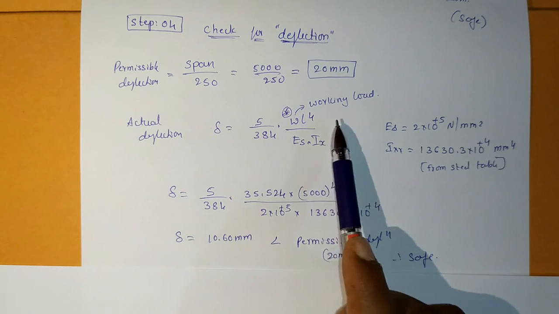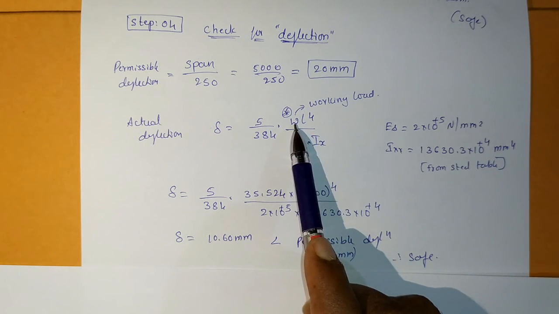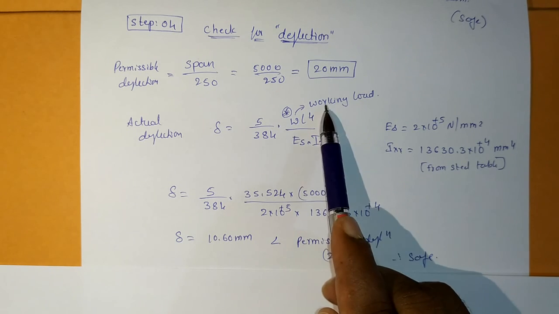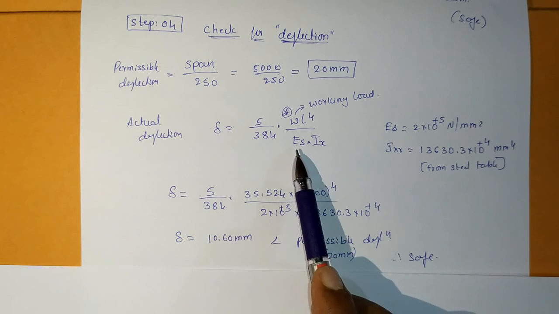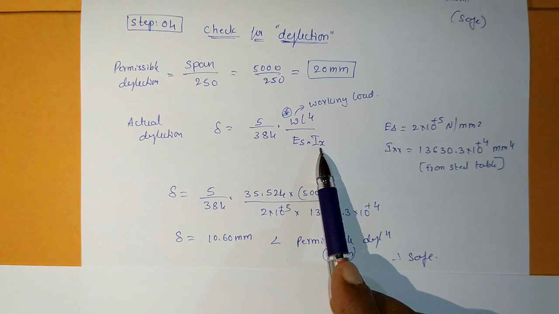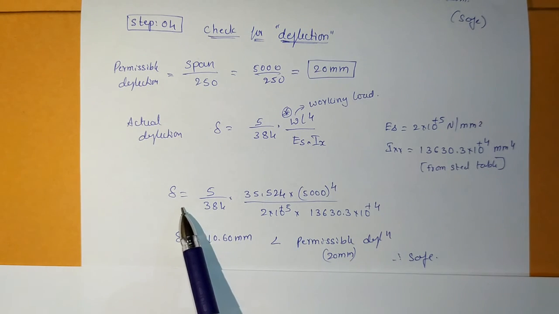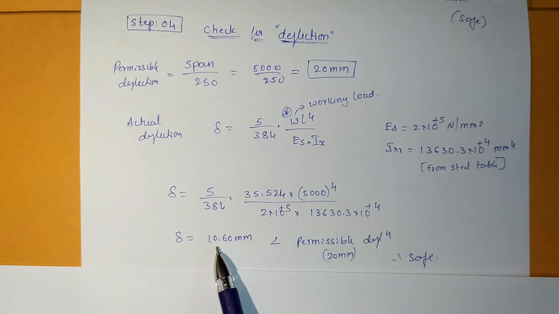Note down this point, it is very important: for W we have to take the working load, and substitute E and IX from the steel table to get the actual deflection. Actual deflection is 10.60 millimeter. That should be less than permissible. 10.60 millimeter is less than 20 millimeter, so the design is safe.